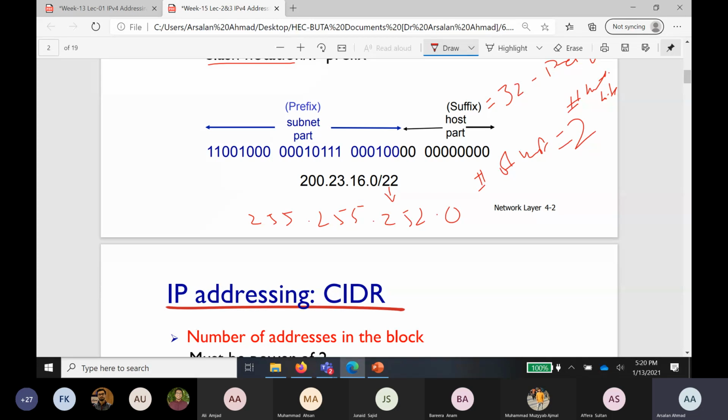But let's say this is something. So 2 raised to the power 10 is 1024.